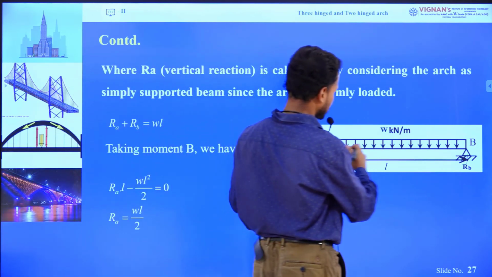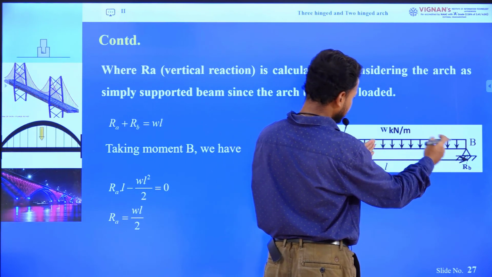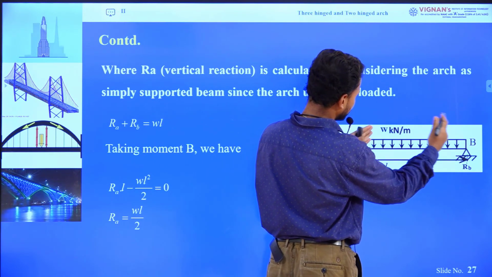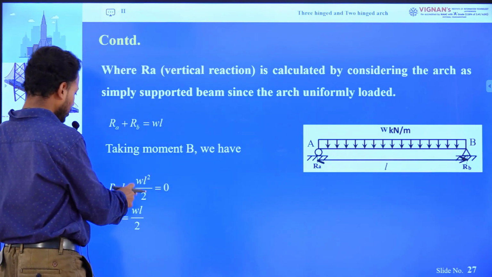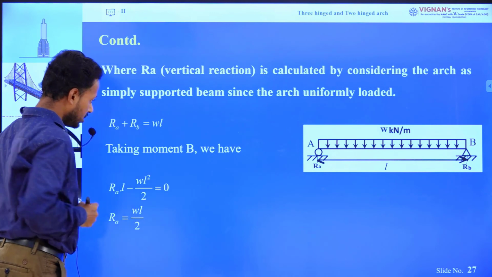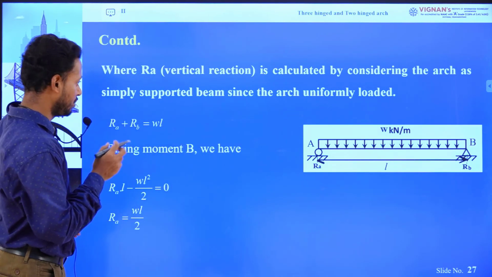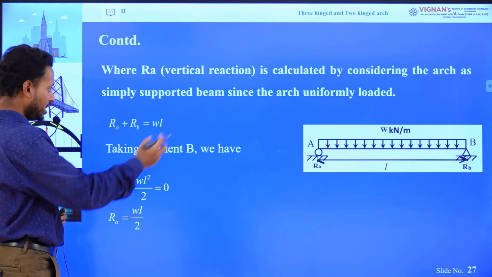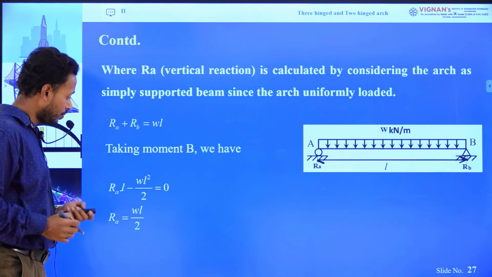W into L is the total load, and CG will be acting at this point, L by 2. So W L into L by 2, so W L square by 2. So RA into L minus W L square by 2 equals 0, because the bending moment at B is 0, it is a simply supported beam. So RA equals WL by 2.